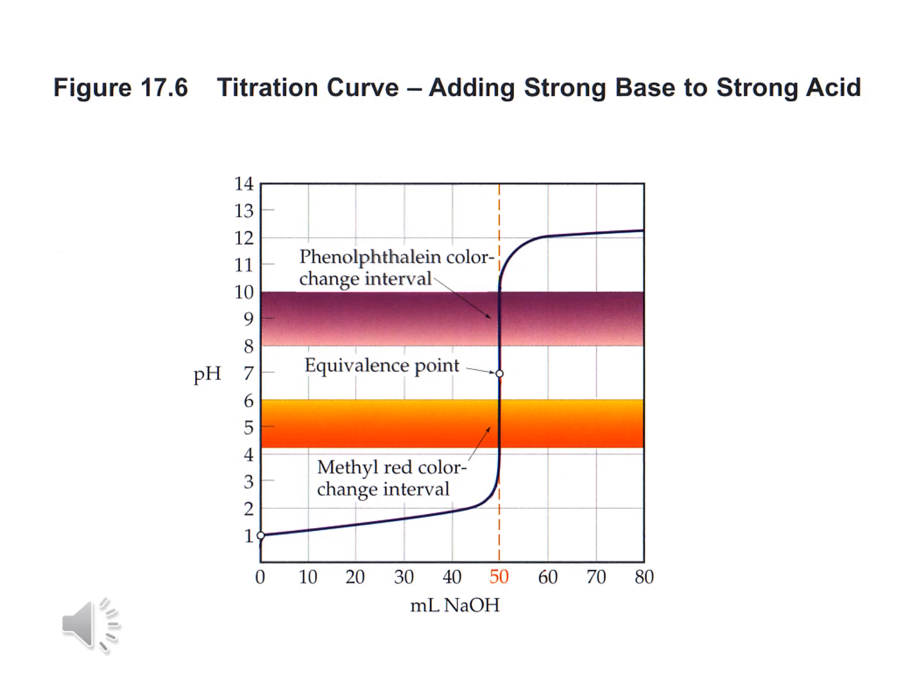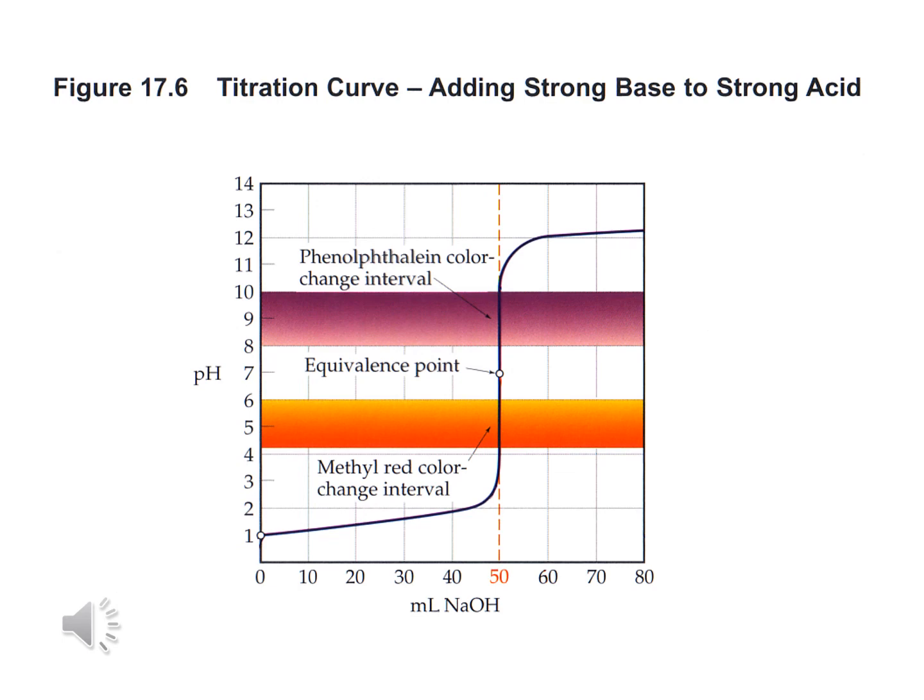So in a titration, if you're just before the equivalence point and you add 1 drop of sodium hydroxide, the pH will all of a sudden shoot all the way up to the top of that vertical line. The pH change interval of methyl red is shown there, and also phenolphthalein.